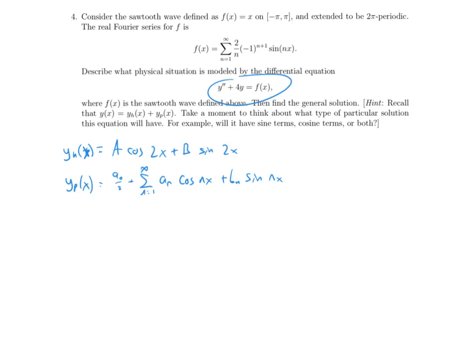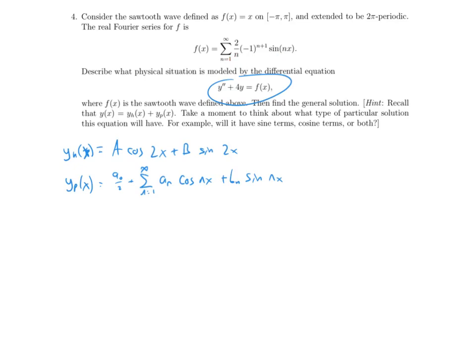Now imagine if you did this and you plug this back into here. So you take 2 derivatives and you plug that back in, and you collect terms. Then you're going to set the sines and cosines equal to the right-hand side, and the right-hand side has no cosines.